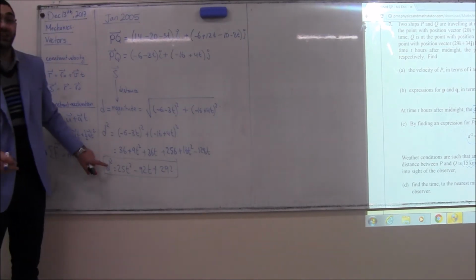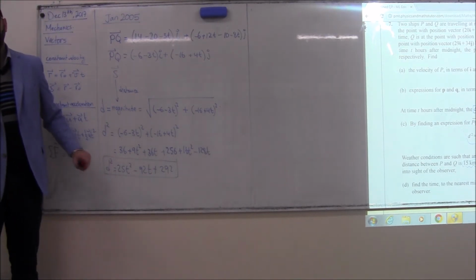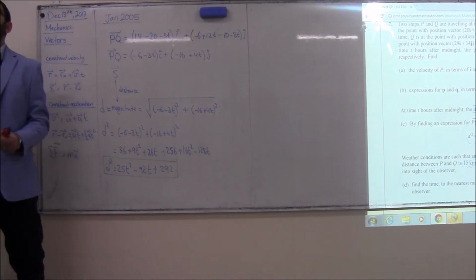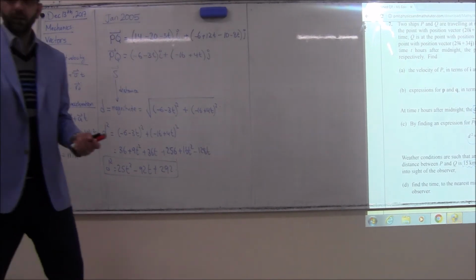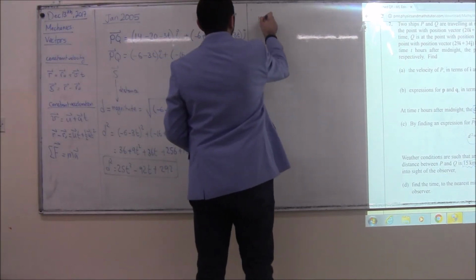I have to substitute here the distance, which is 15, and we will find the values of t.